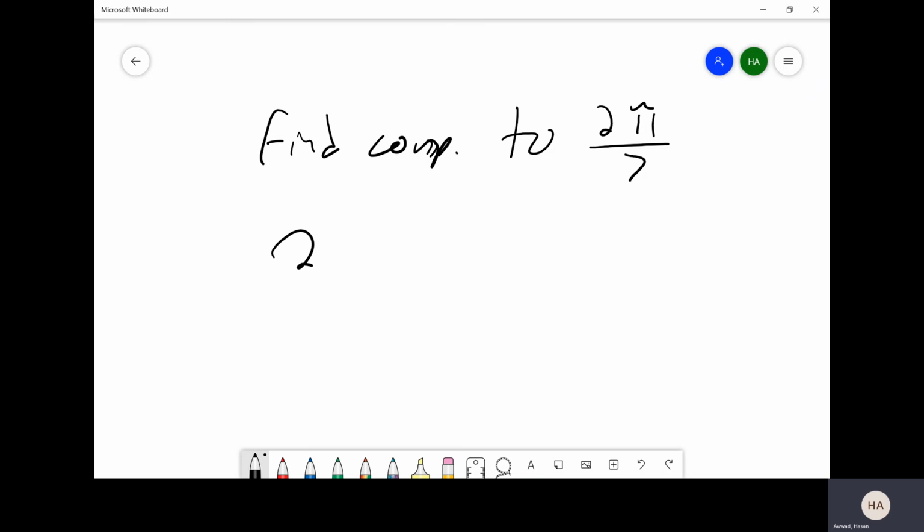So we still set this up the same way, 2 pi over 7 plus some angle, which, again, angle theta. So 2 pi over 7 plus theta is going to give us pi over 2. Okay, that's not so bad. So how do we solve for this?